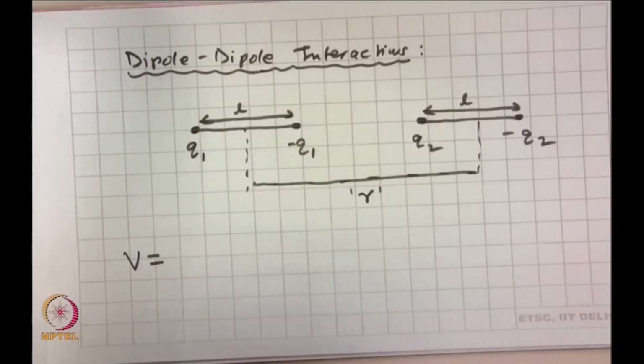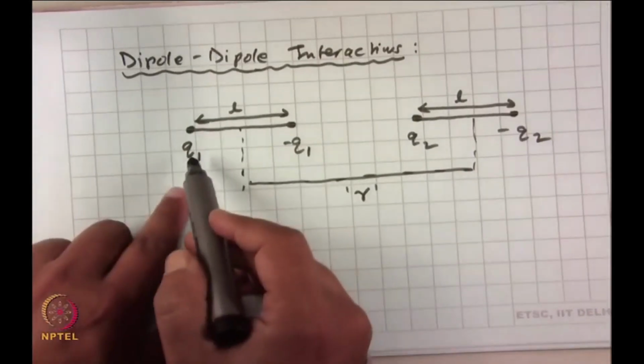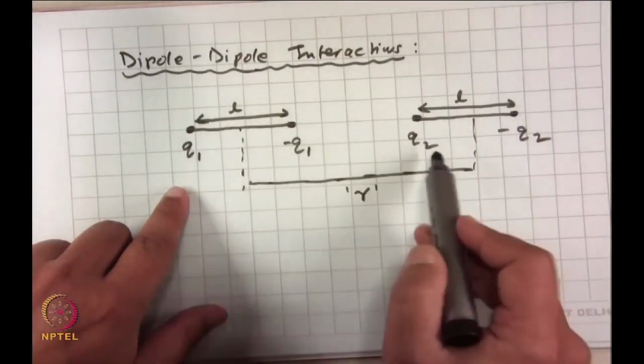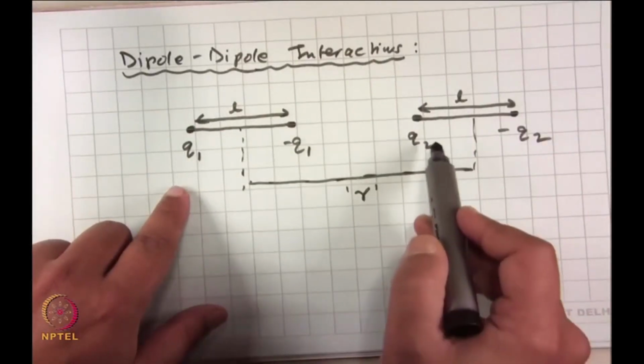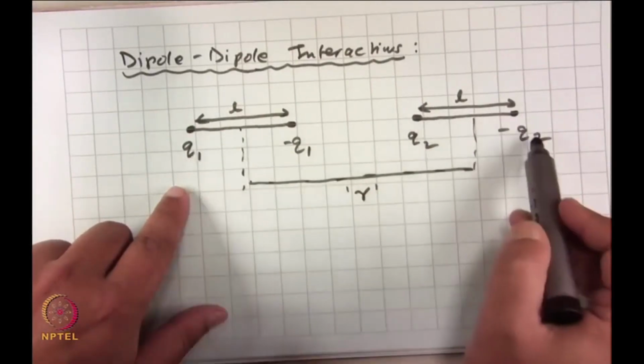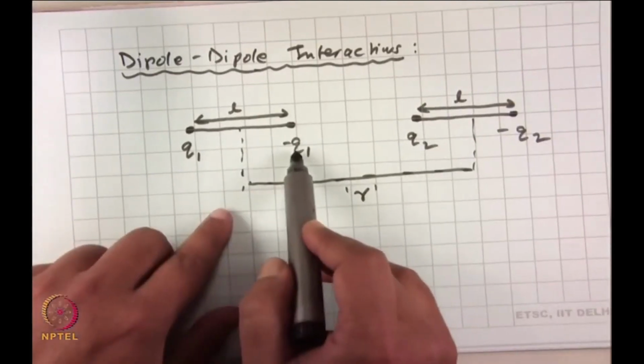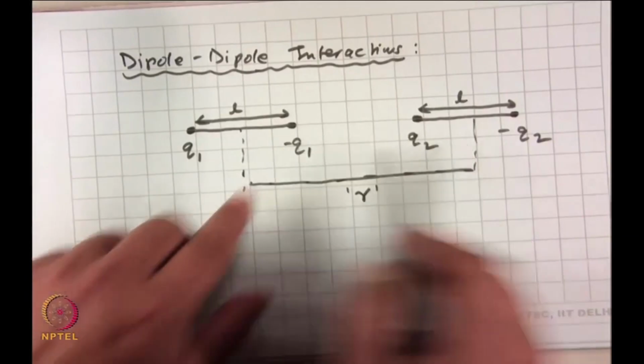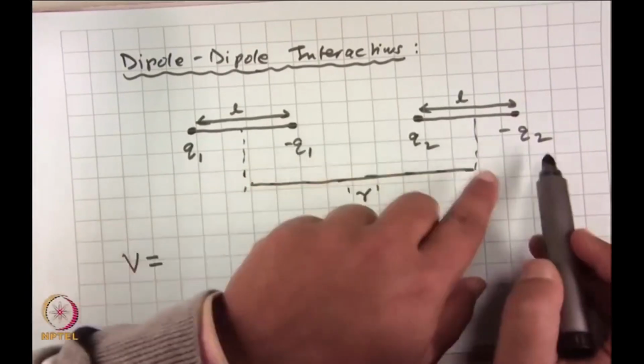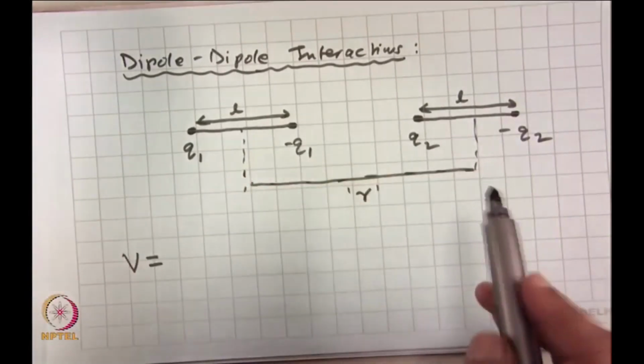I am going to get 4 terms. Is everybody clear about that? Why? You look at one charge, q1 with q2, this positive end, q1 with minus q2, then minus q1 with q2, then minus q1 with minus q2, that means a total of 4.